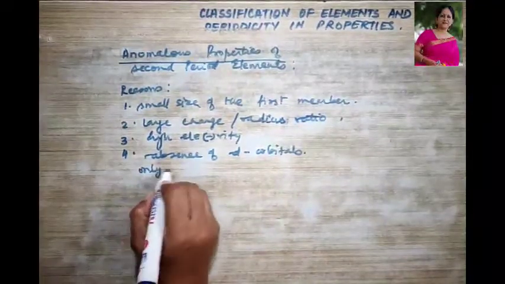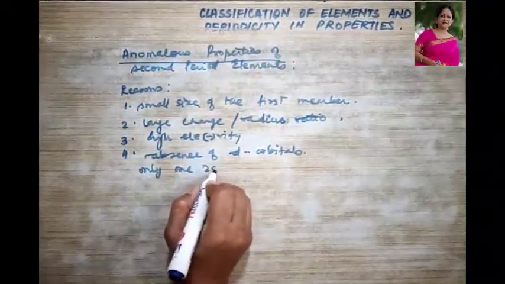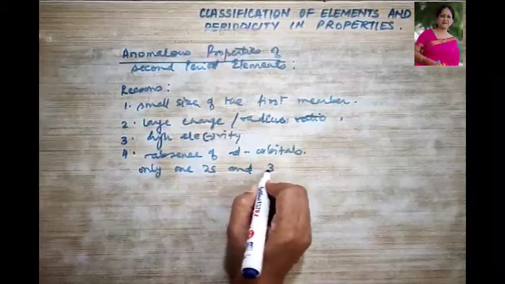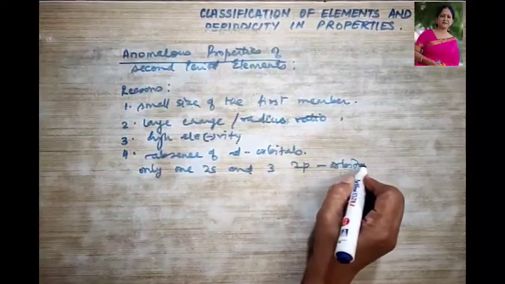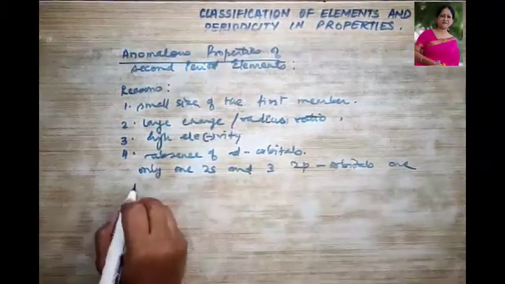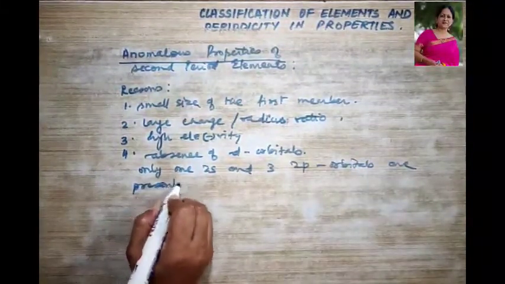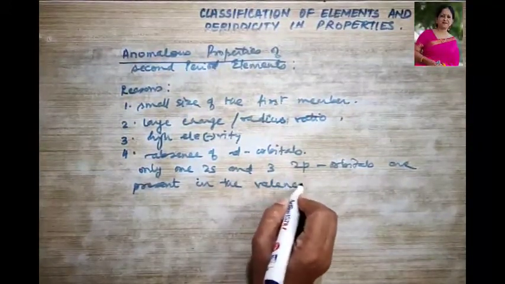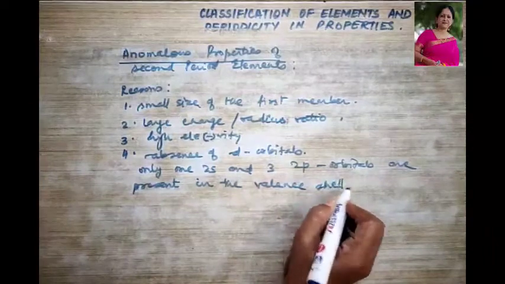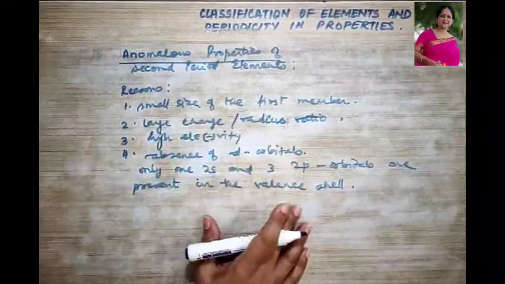Only one 2s and three 2p orbitals are present in the valence shell. Okay, so I hope this is very clear to you.